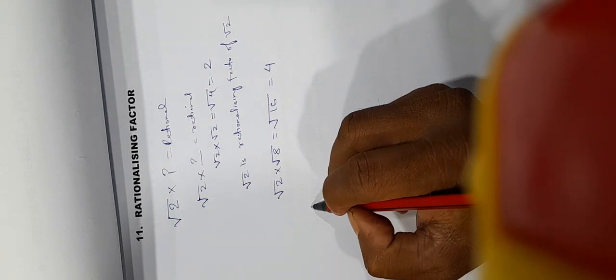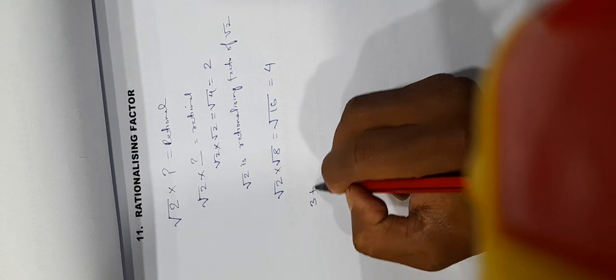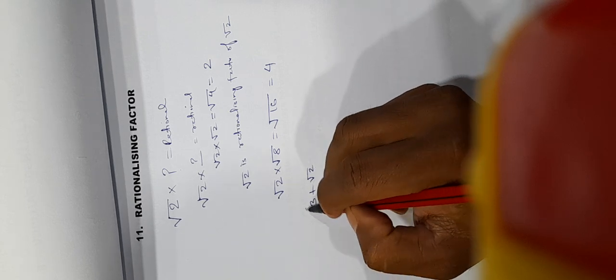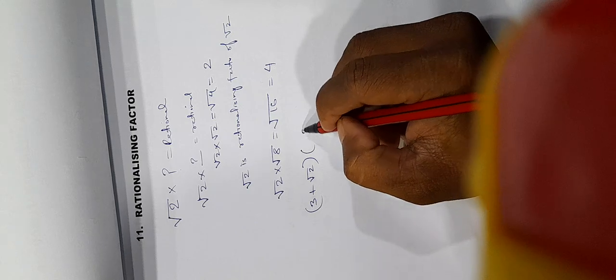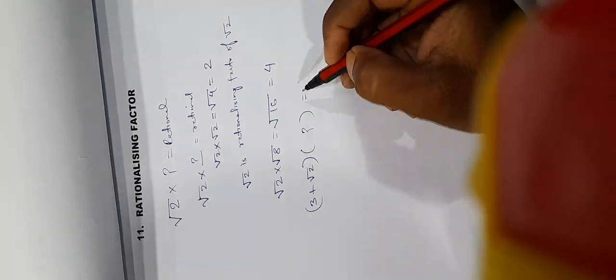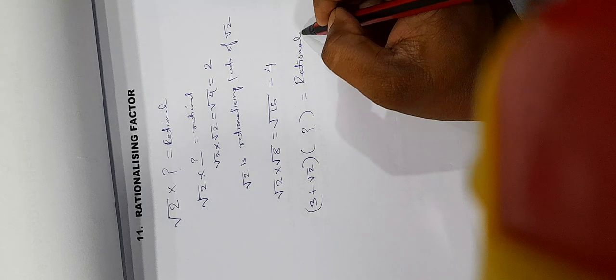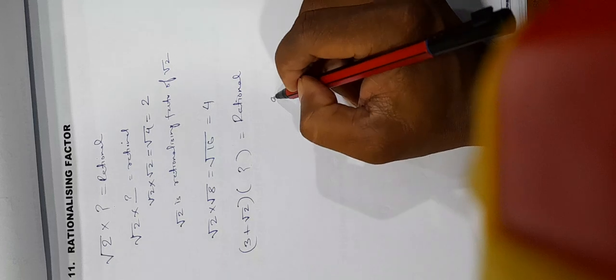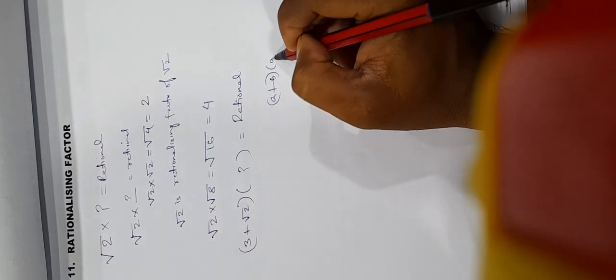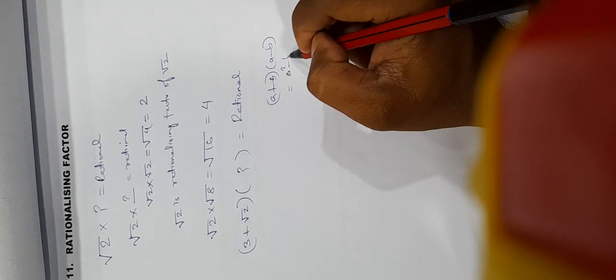Similarly, say for example 3 plus square root of 2. By what number will we multiply this to get a rational number? Now see, a plus b into a minus b. You already know this, a square minus b square.